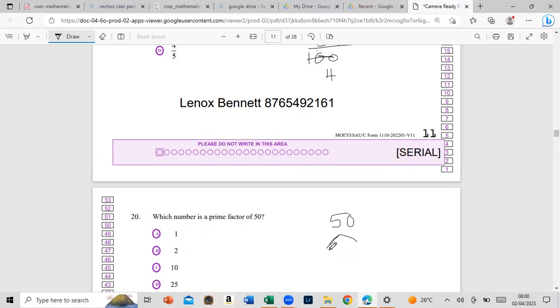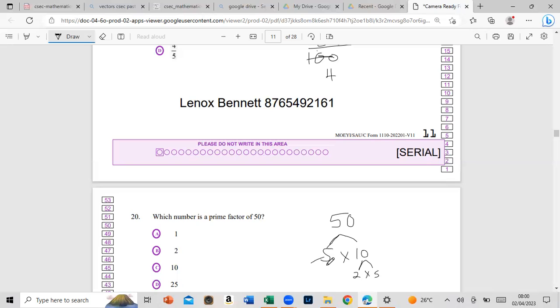So let's go. So we can see 5 times 10. That can give you 50, right? So each time you're going to check, if this is a prime number, you just leave it, right? So this is a prime, so you can bring it down eventually. But let's go. We're going to separate this one now into products. And now 2 by 5. Now this is a prime number.